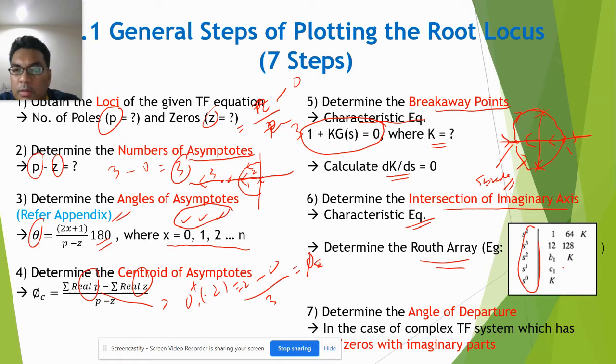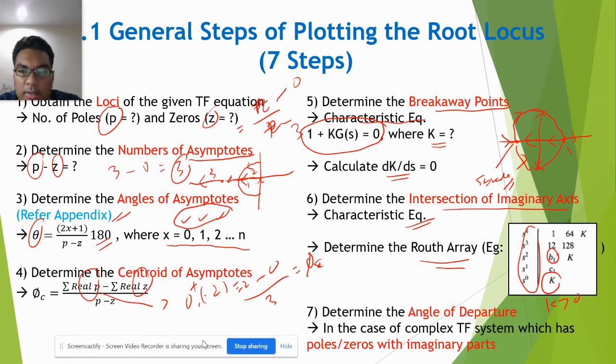Okay, so basically when you have this array, you can get the range of k from 0 towards the value we call the marginal k, which is for example b1, so that you can get the value of k and determine the intersection. Okay, so another step, the final one, is to determine the angle of departure and arrival. This basically involves the transfer function for the complex system, which involves poles and zeros, the imaginary parts.